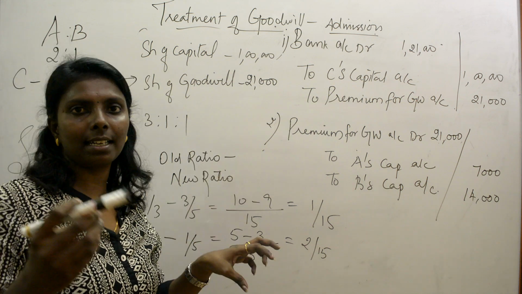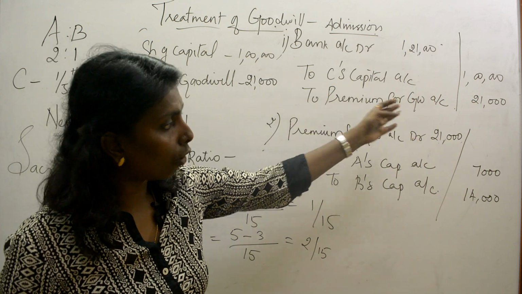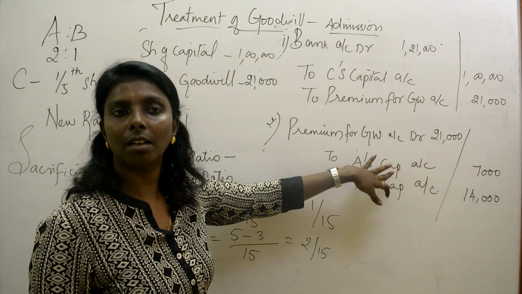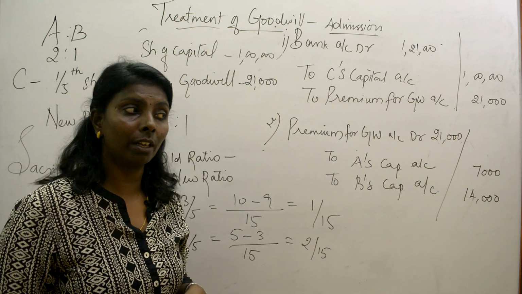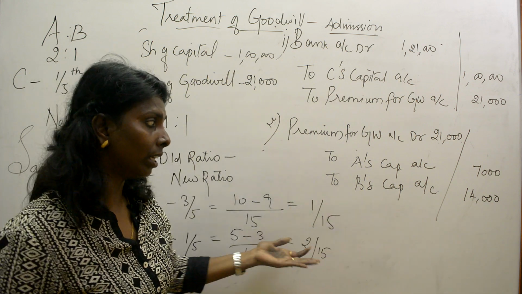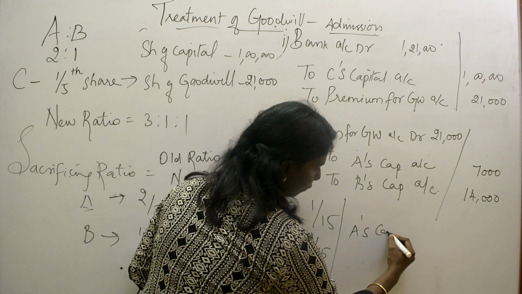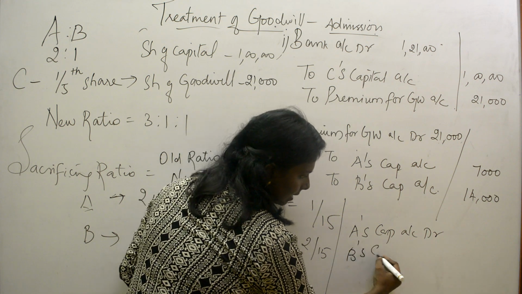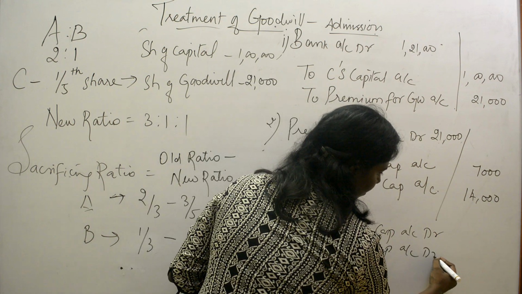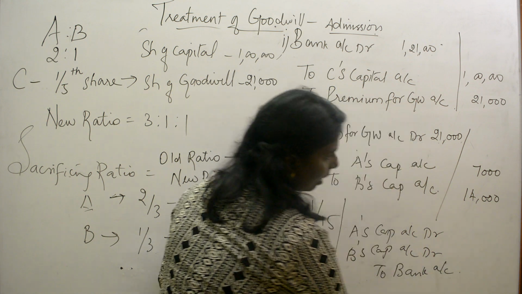Now in this case, let me add one more scenario. Supposing after dividing this goodwill among the old partners, they can even withdraw their share of goodwill. In case they withdraw their share of goodwill, then you debit their capital account. Let's say A and B are withdrawing their share of goodwill, then it's A's capital account debit, B's capital account debit to bank or cash, because cash is going out of the firm.